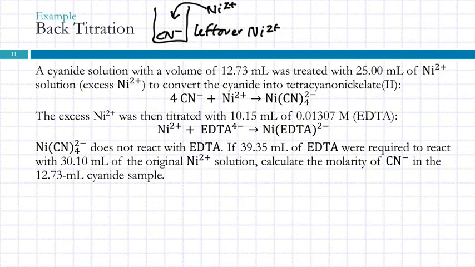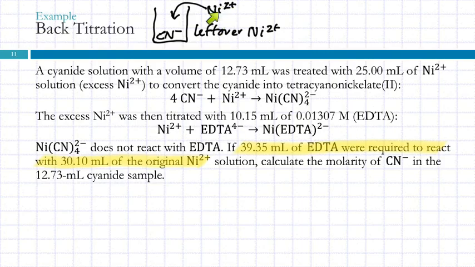So that's hiding down here. Because how did they figure out what the concentration of the nickel solution was? They titrated it with EDTA. So down here it says 39.35 milliliters of EDTA were required to react with 30.10 milliliters of the original nickel solution. So that is what we need to calculate the concentration of the nickel solution.